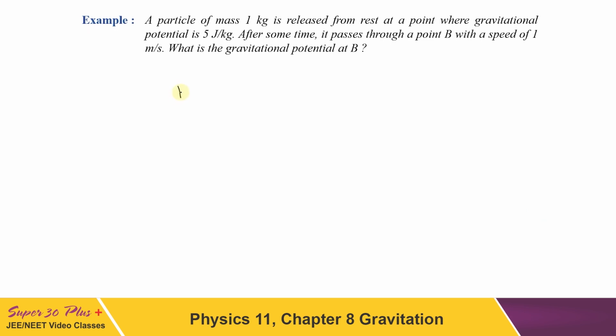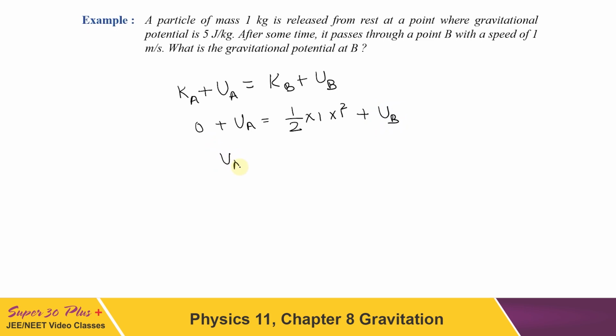So we can write from conservation of mechanical energy, kinetic energy at A plus potential energy at A equal to kinetic energy at B plus potential energy at B. On substituting the values, it will be half mv square plus UB, and we get UA minus UB equal to 0.5.